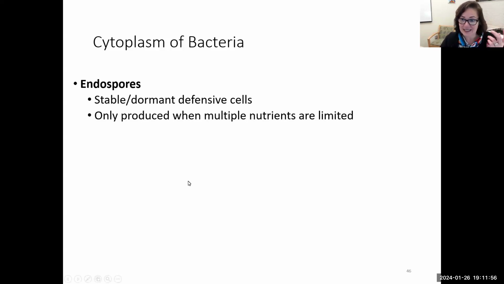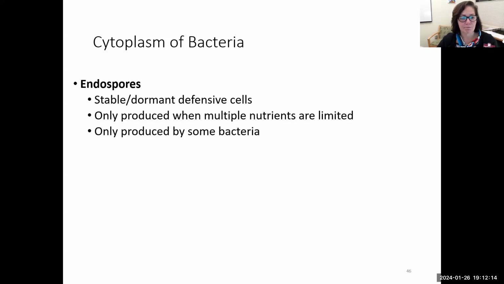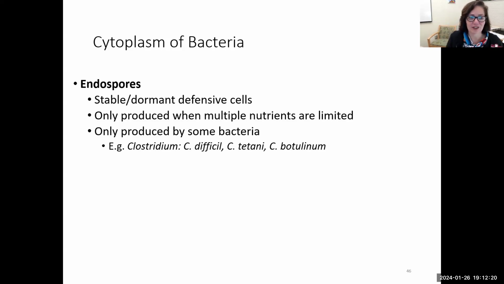Now, what's fascinating is that it's only when the environmental conditions start to turn bad that the bacteria will resort to forming these endospores. But when they do that, they're just hunkered down and they can survive so much. And not every bacterium can do this. The famous ones for it are the Clostridium bacteria.